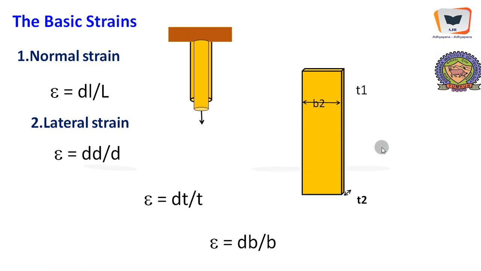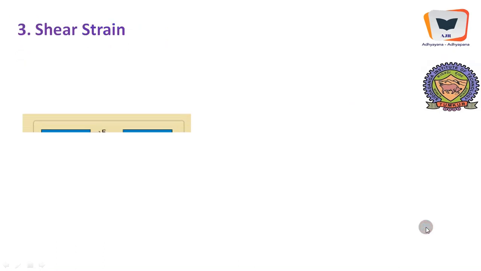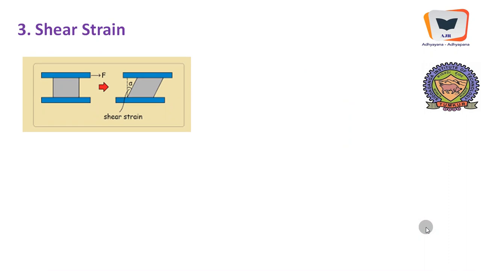After the application of the load, B1 will become B2, a little reduced, and T1 will become T2, a little reduced. Now T1 minus T2 will be dt, B1 minus B2 will be dB, and if we take the ratio, we will get the lateral strain. There is yet another strain called shear strain.